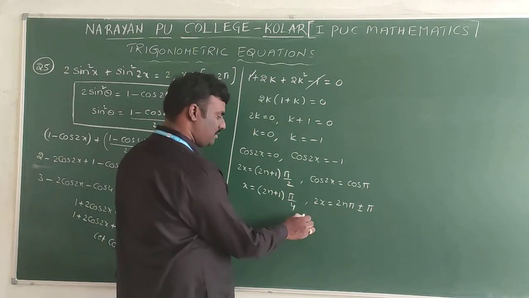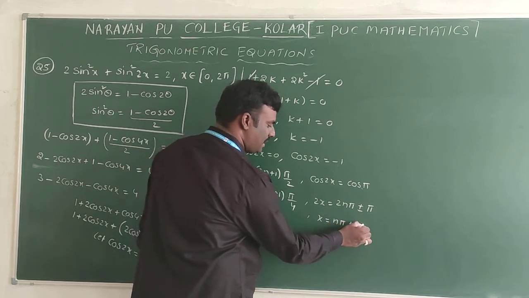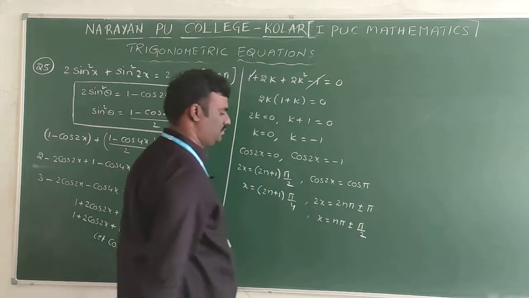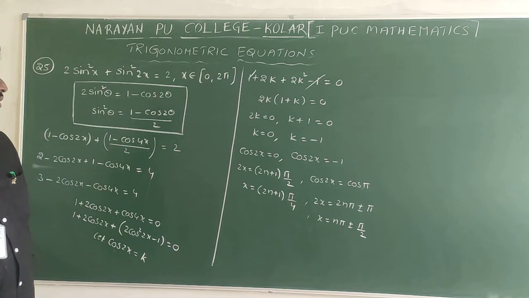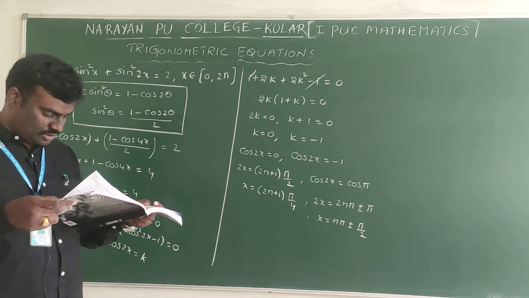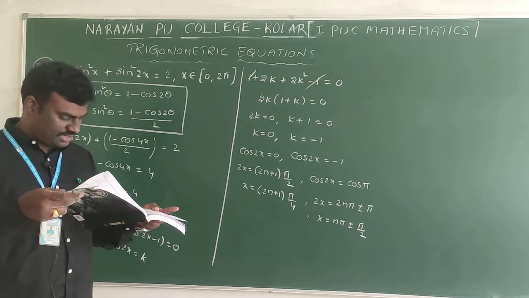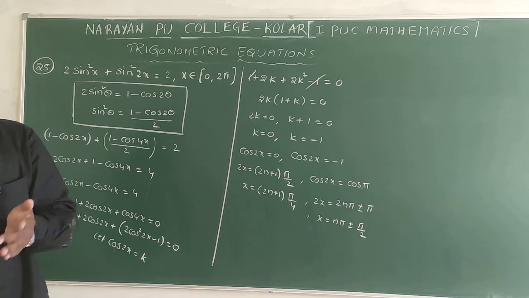Now from this, x is equal to n pi plus or minus pi by 2. Okay, so these are the values we got. But in this question we need to find the solutions in the given range, so how many solutions are possible?